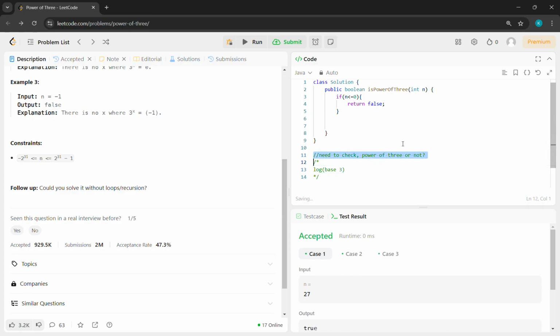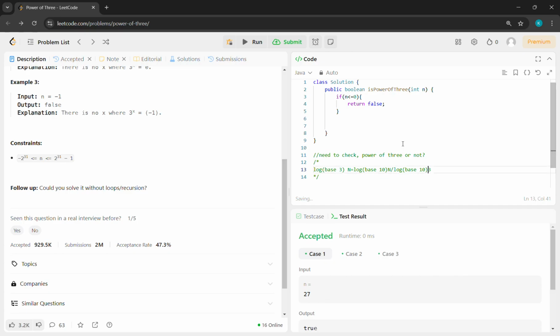Okay, so log base 3 of n is equal to log base 10 of n divided by log base 10 of 3. This is done.